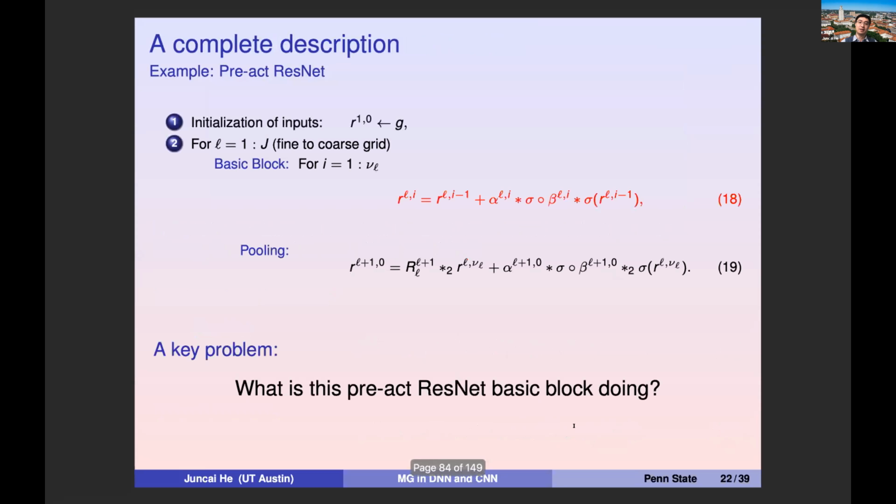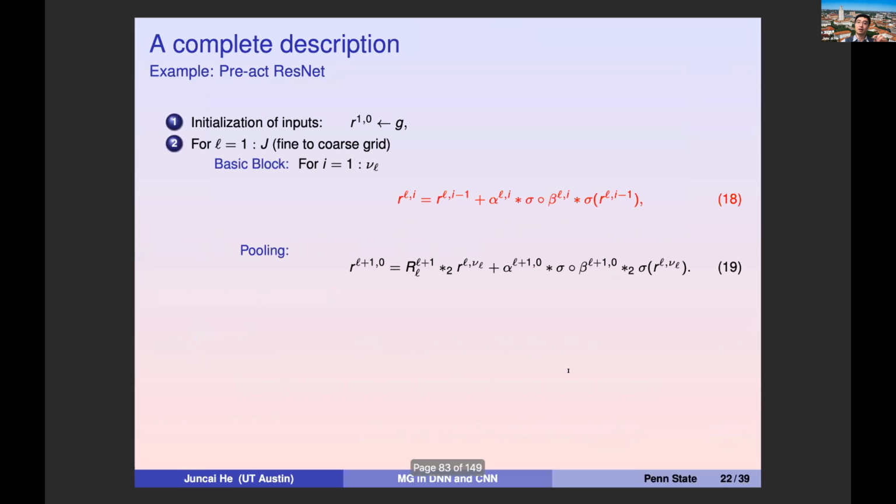So this is a mathematical description of the pre-activation ResNet. For each layer, or each different resolution, we have this basic block first. This is like an iteration: you do activation, convolution, activation, convolution, add together, and then you go to the next block.